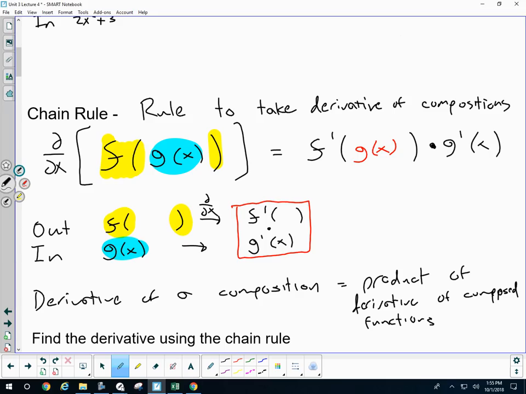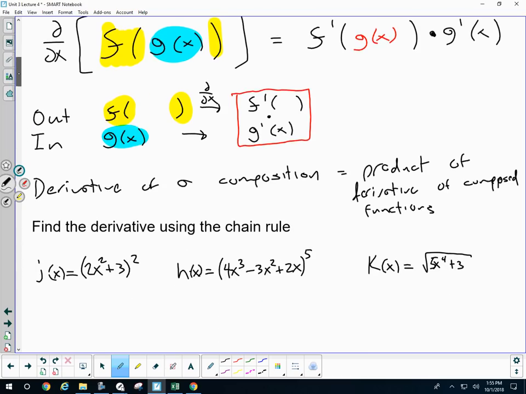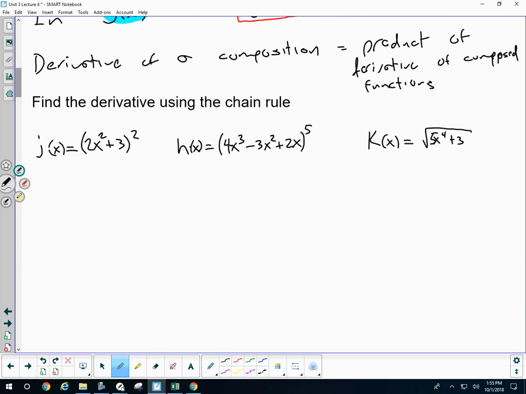There is that product. Now let's go ahead and do the previous three using this new rule, where the first one, J, we'll be able to check to make sure I can get the correct derivative. Because I did already take the derivative of J by distributing, but let's pretend like I didn't want to distribute.